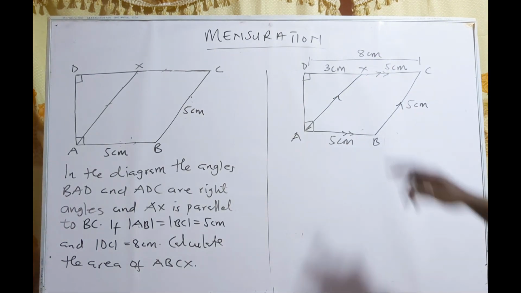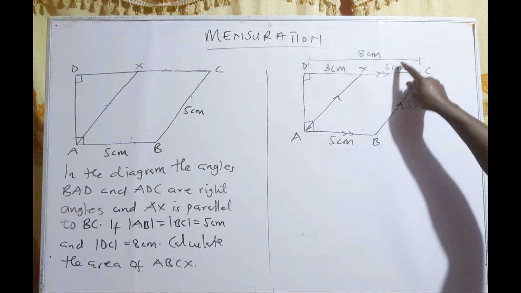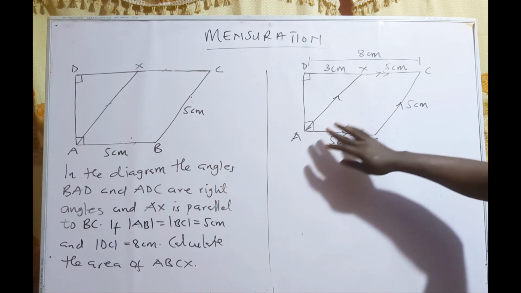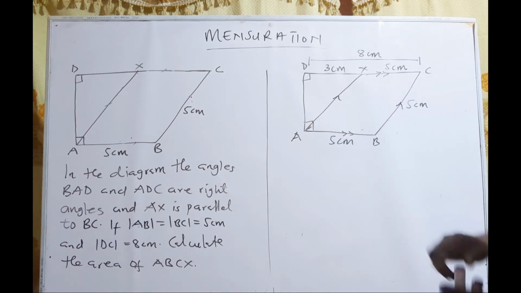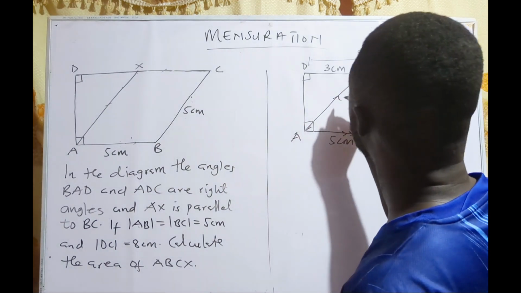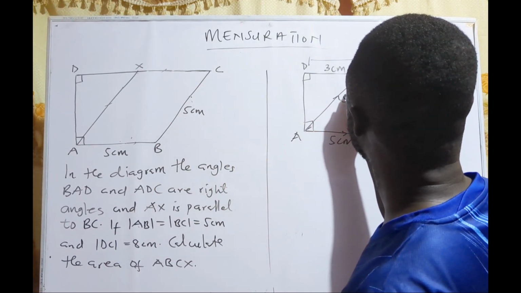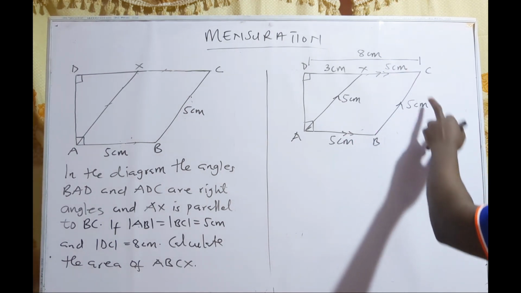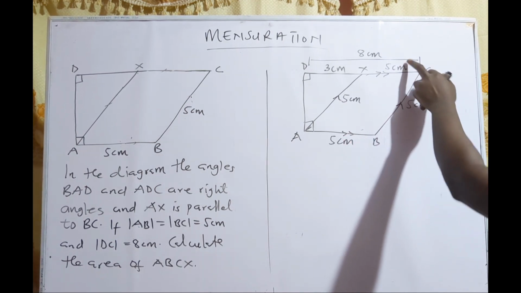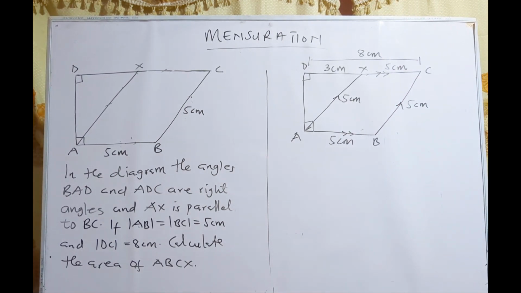So that's 5 plus the 3. So the opposite sides will become the same, for this AXCB becomes a parallelogram. And then this side will be equal to this side. So here is going to be 5 centimeters. Here is the same as 5, and here is the same as this 5.